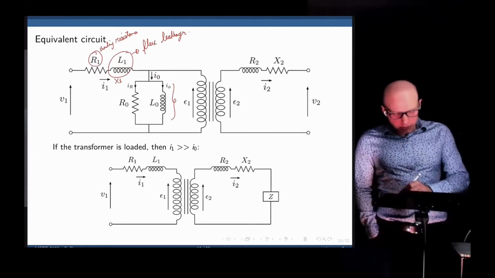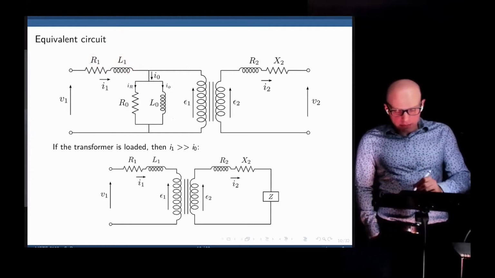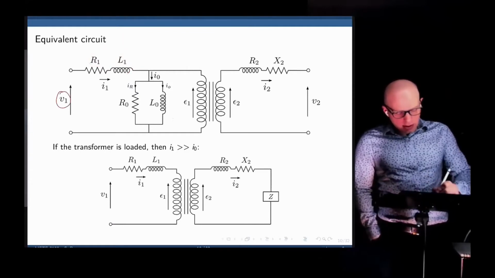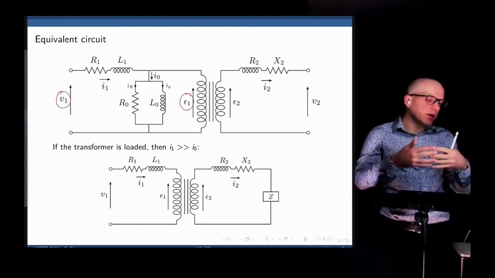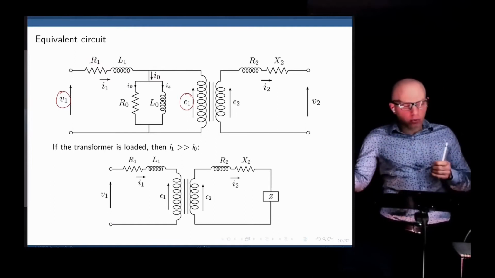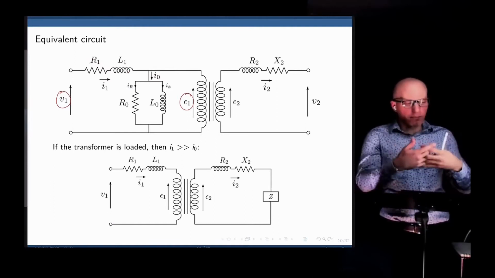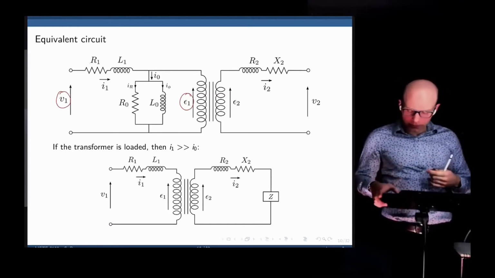So this is all the primary winding. And you see now that our relation between the input voltage and the EMF are no longer the same because you now have all these imperfections in the way. So E1 will be lower than V1 because of the voltage drop across this parallel and series circuit.